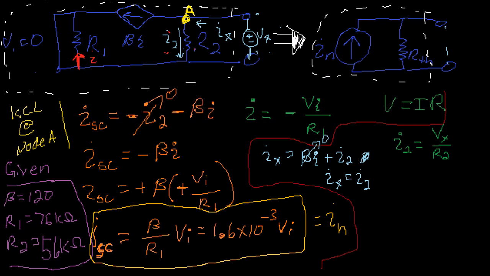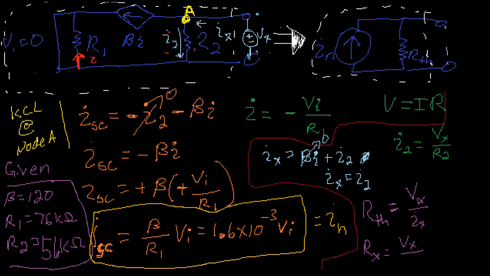And we said that the Thevenin resistance, RTH, we said this in the previous video, so if you didn't watch that, you might want to go back and check it out, or just take my word for it, is our test voltage over our test current. So RTH is simply Vx by Ix, which is I2, and I2 is Vx by R2.